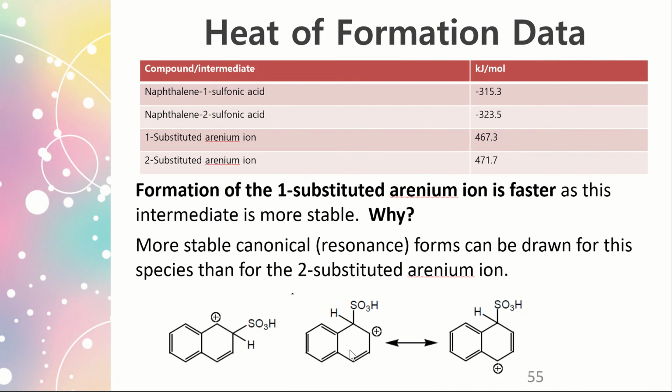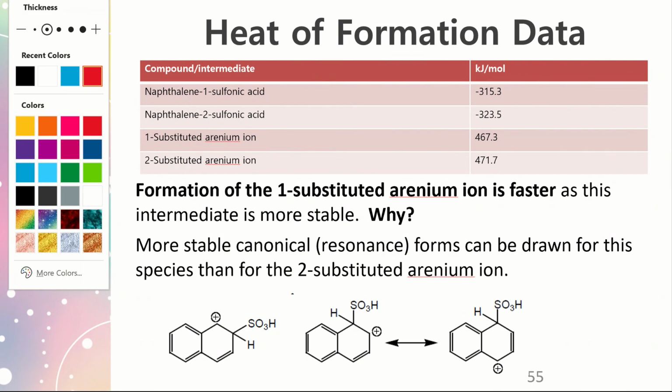But what is significant here is that we have a fully intact benzene ring, right? And then if we draw the other resonance structure for this, if we put in our arrow here, let me try to do that quickly.